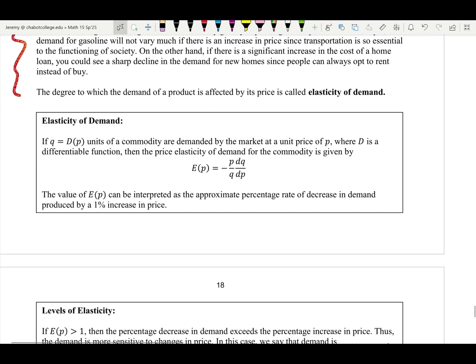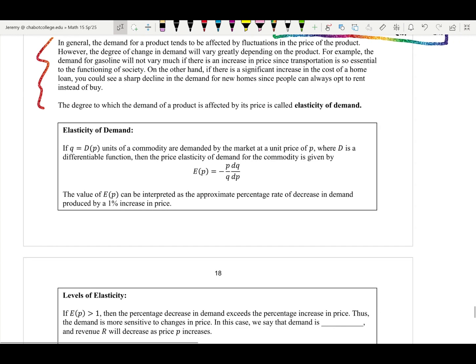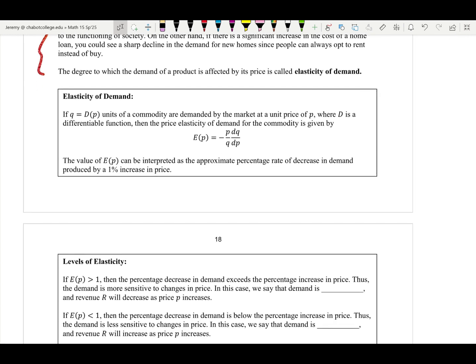The value of E of P can be interpreted as the approximate percentage rate of decrease in demand produced by a 1% increase in price. Okay, so if E of P is a large number, specifically larger than 1, that means that we have a product which is more sensitive to changes in price.